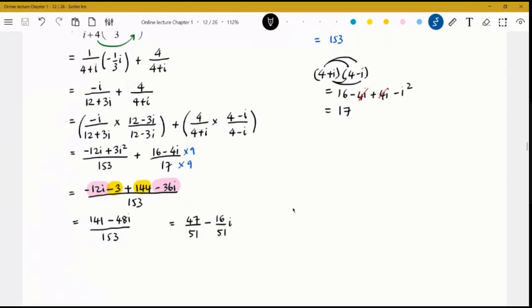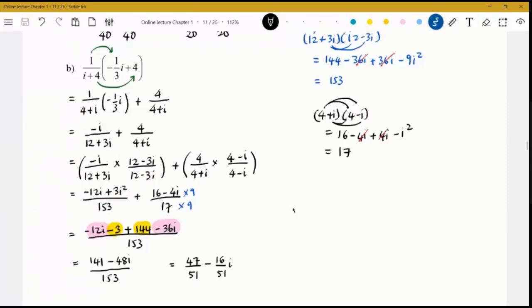Madam, kalau yang 12 tambah 3i darab 12 tolak 3i, lepas tu saya terus tulis jawapan 144 tolak 9i kuasa 2, boleh dapat markah kah? Boleh.